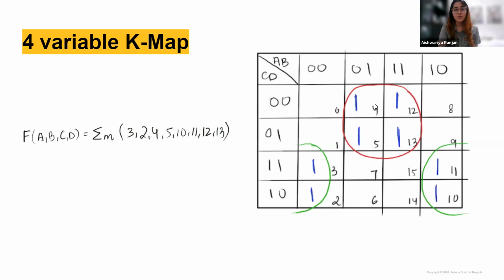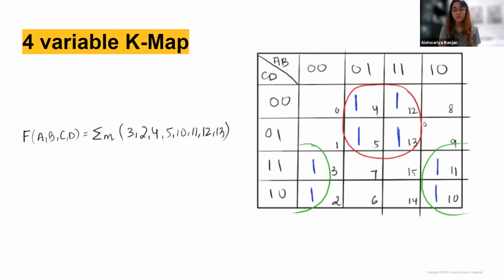So now that we have our Kmap, we would put ones in all the numbers over here. So we have a 1 and 3, 2, 4, 5, 10, 11, 12, and 13. Once I have all the ones, I want to make the biggest circles I can. For these 4 ones over here, I can just group them all together.